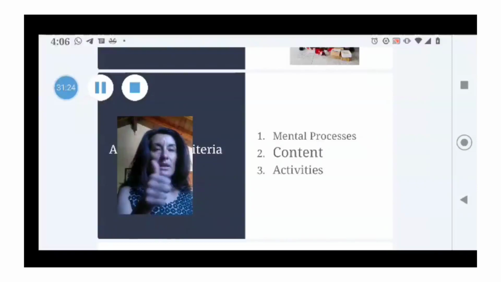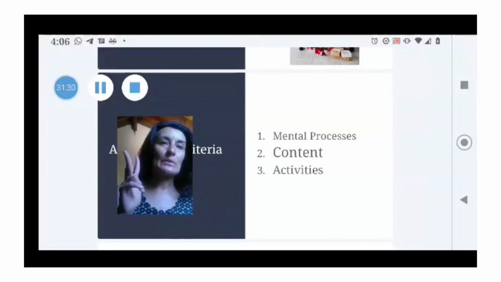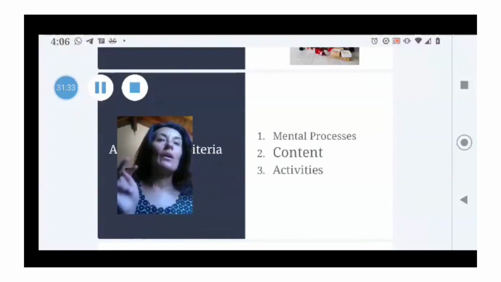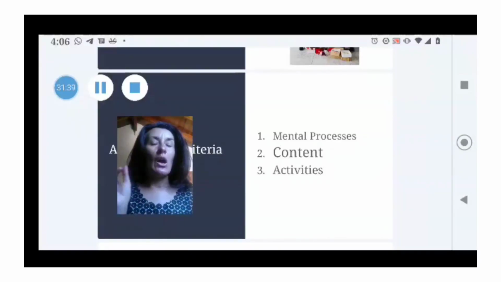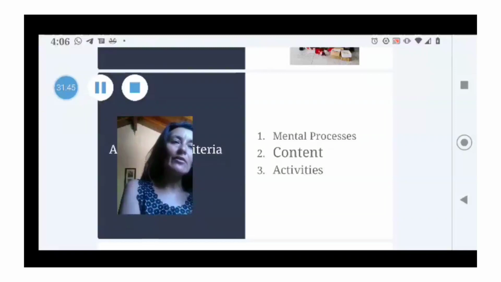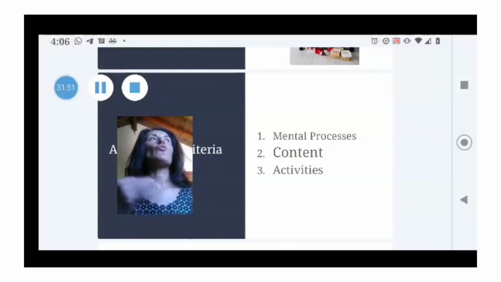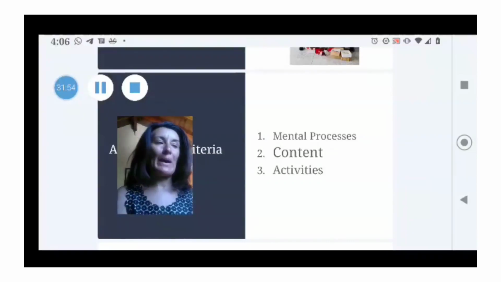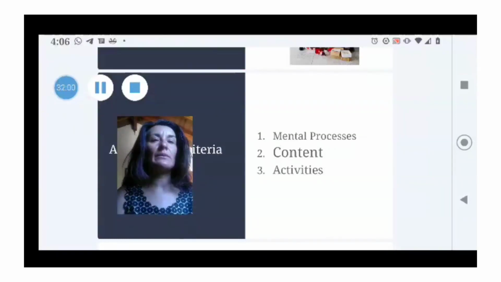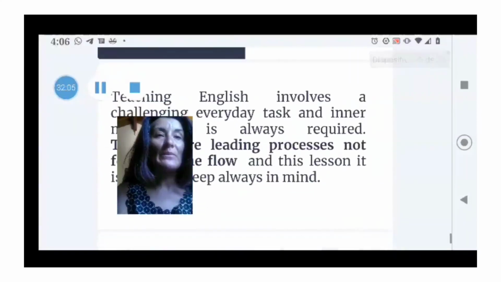So, the mental process, the content, and the activity. For example, the students distinguish regular and irregular verbs of the past tense in a given text. Or the students distinguish regular and irregular forms of past tense in a short story. This should be very clear. It's more a formal question, but your principal may ask you, that's why.